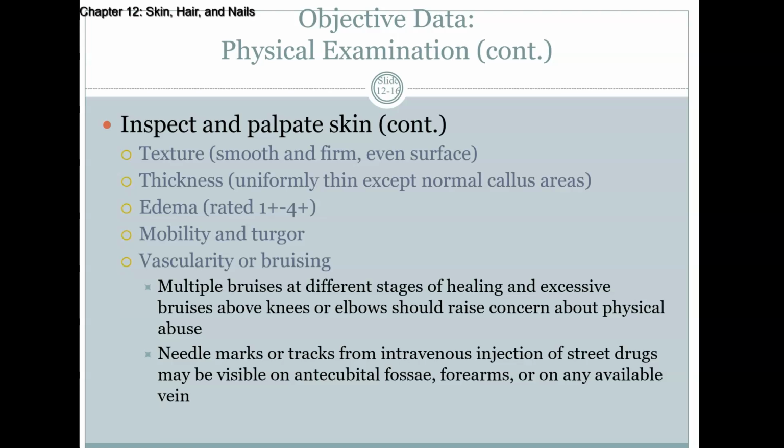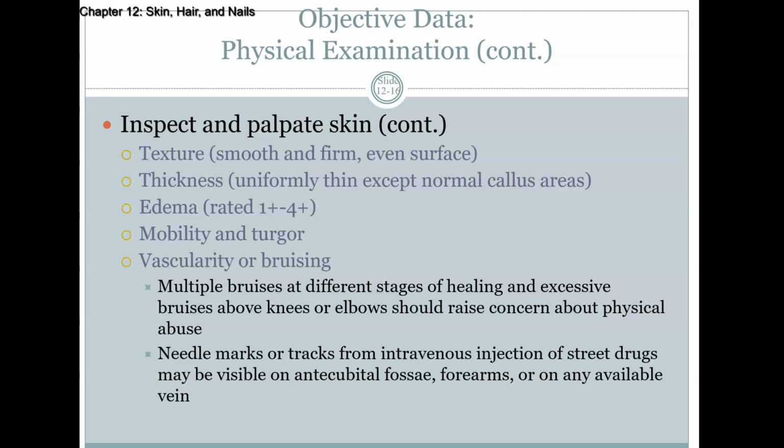You can literally stick your finger in their skin and see how quickly it comes back. For instance, with 4 plus, the indentation just stays there. We already talked about mobility and turgor and assessing for that.